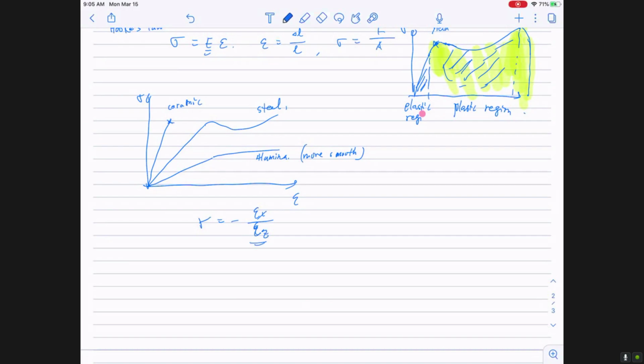So now that you have a general picture in your mind, I give you one example. The first example is about a metal guide wire for a stent.